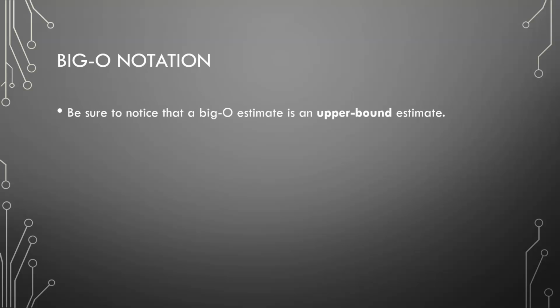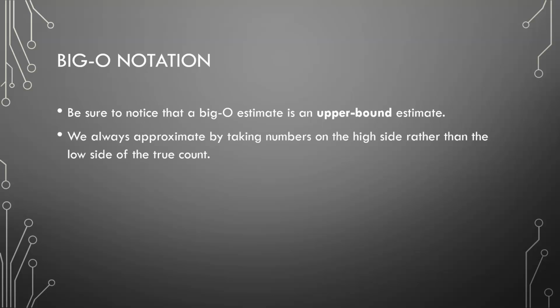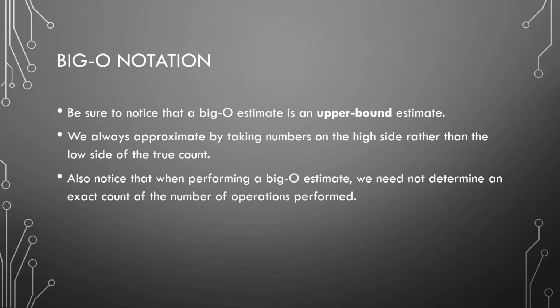Now, remember, a big O estimate is what's known as an upper bound estimate. That's why we talk about the worst case scenario. We always approximate by taking numbers on the high side rather than the low side of the true count. So if you had a range of values, when we talk about upper bound, if it was, let's say, a number between 40 and 60, we're going to err on the side of 60 because we want to look at that upper bound.